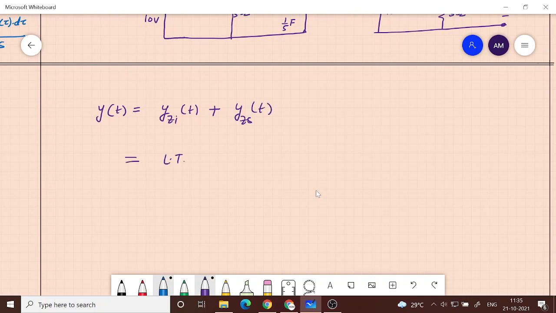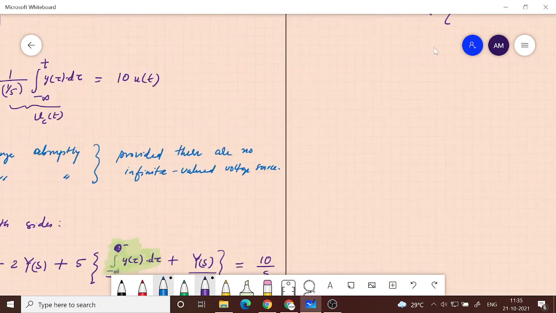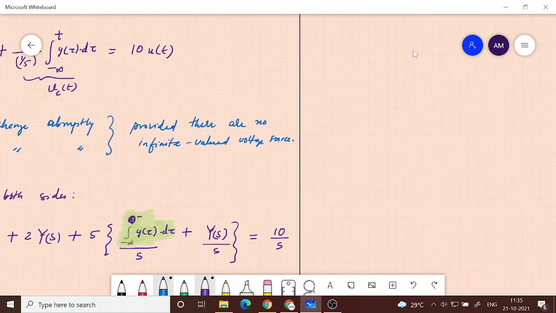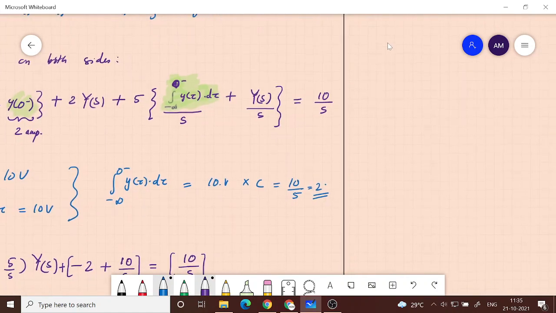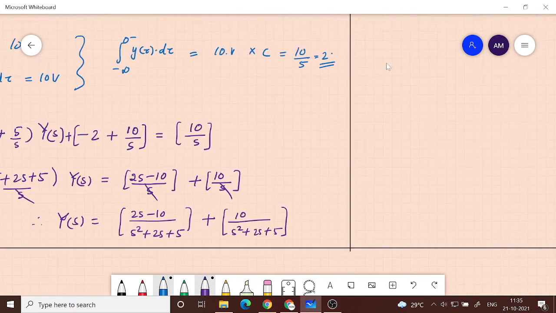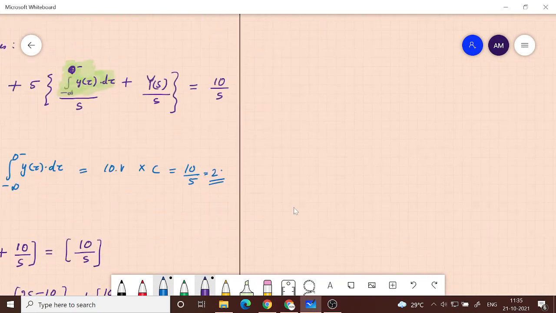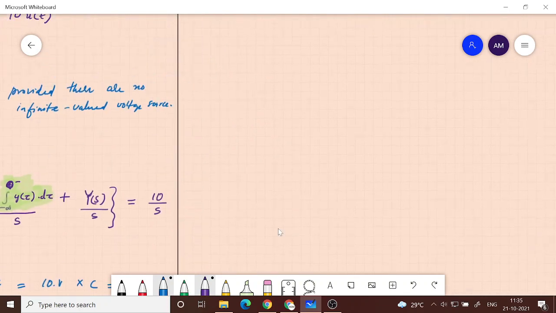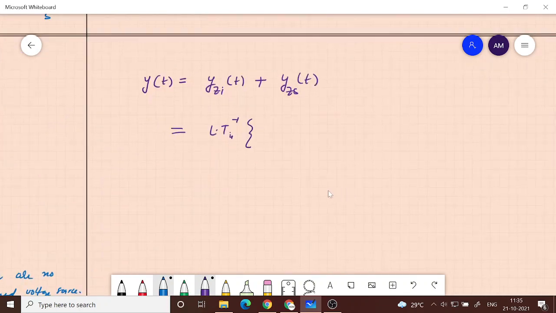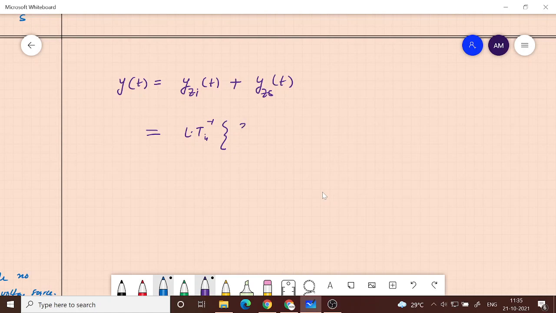is a Laplace inverse of, what were the terms? Zero input response was I think 2S minus 10 divided by S square plus 2S plus 5.